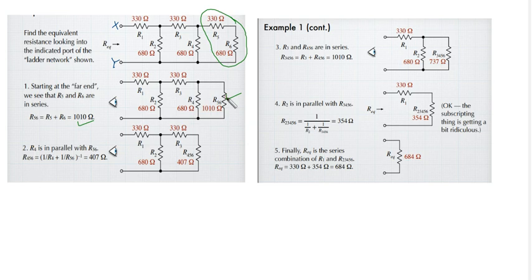So we still continue the journey. We've reduced this, and we keep going into the circuit from the other end. So this R5,6 and R4 are now in parallel. So we'll use the parallel formula to deal with this, because any current entering this point will divide here and here.